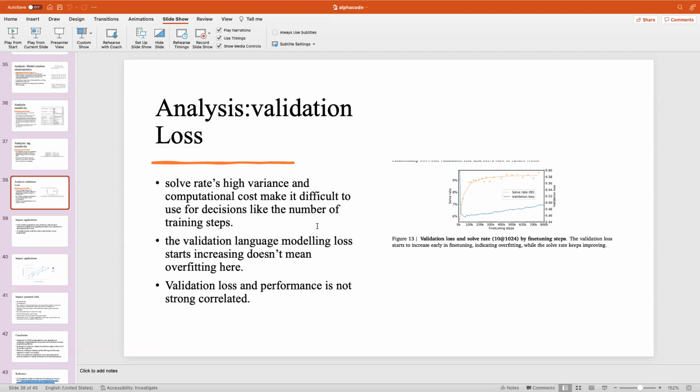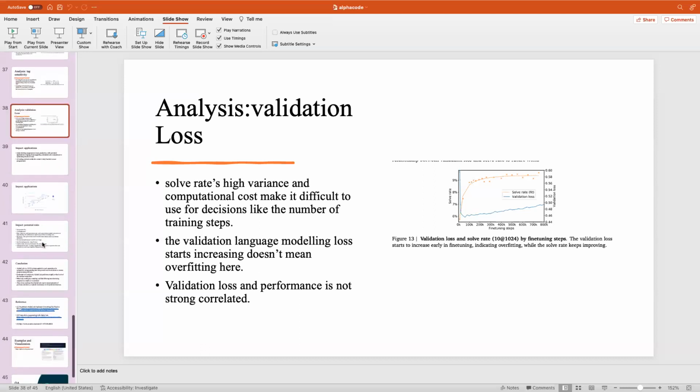So they argue maybe using some highly correlated metric to decide when to stop training will end up with better checkpoints, and could further increase the performance of the model.